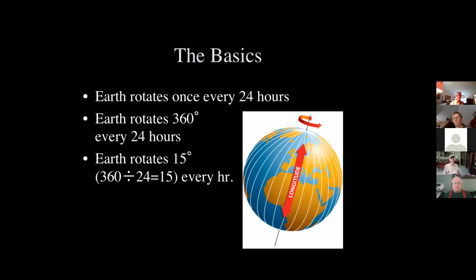And if we make the math calculation, we see that every 15 degrees of longitude is equivalent to 1 hour of time, and 1 degree is equivalent to 4 minutes of time. So this is something that we did know and that we could use to make our calculations.